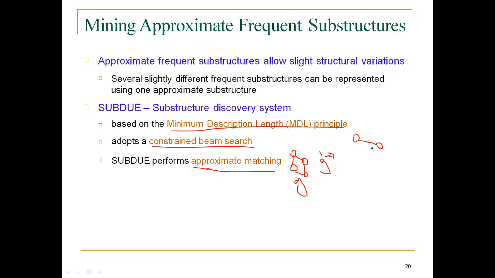At each extension, it searches for the best description pattern. If the pattern is there, then it will check for the best extension pattern of the subgraph, and it will give the approximately matching subgraph using the SUBDUE method.